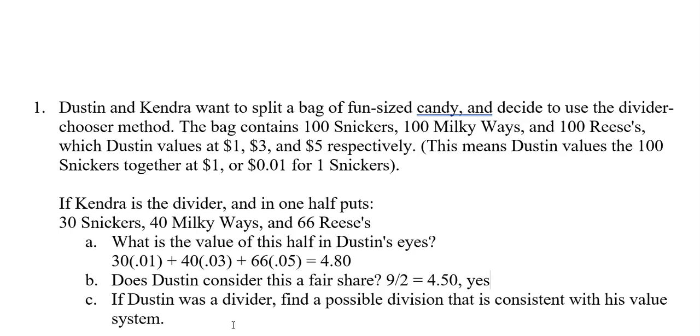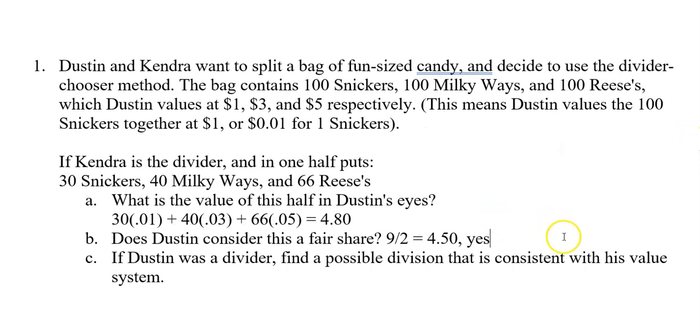So if Dustin was a divider, let's find a possible division that is consistent with his values. Okay, so let's realize that whatever division we come up with, and it could be multiple different divisions, I'm just going to come up with one of them, has to, in his mind, be about $4.50. So let's come up with one that's going to be $4.50. He could give her all 100 Snickers.